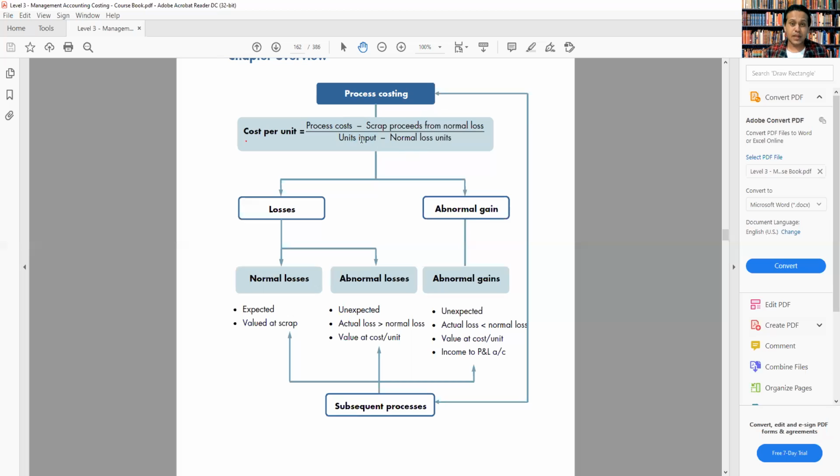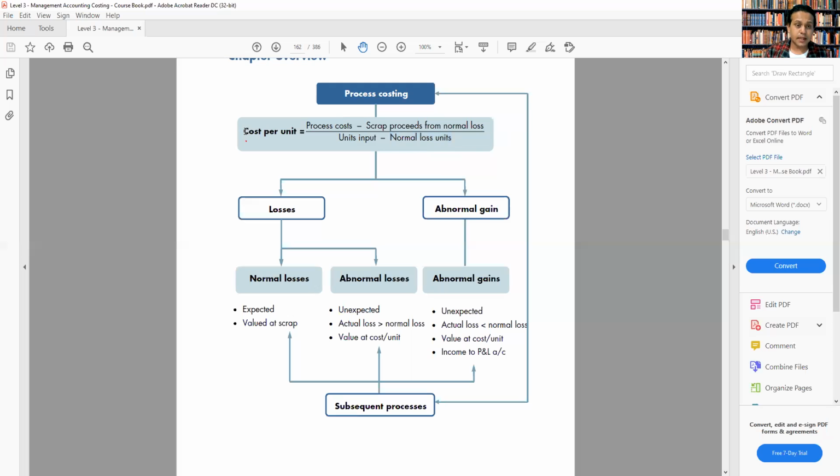Obviously from here we have to see how much is the normal loss. Now let's say the total input is 100 kilos, and the normal loss is 10 kilos, so basically 90 kilos is my actual output and that will give me the cost per unit.